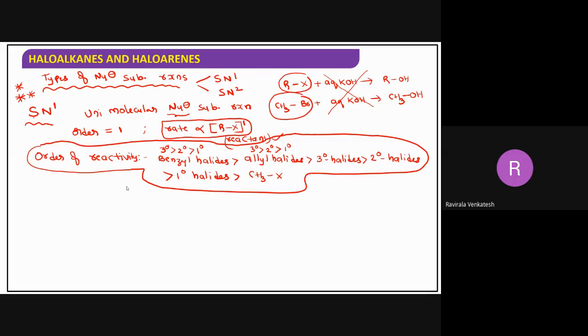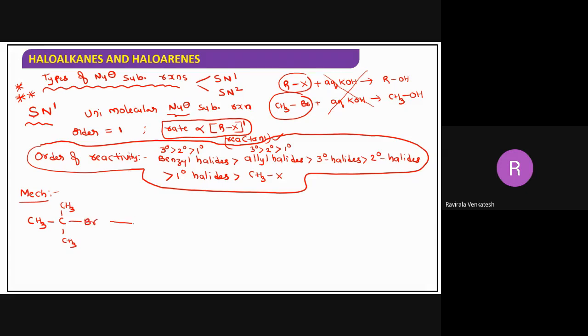Now let me see the mechanism here. First of all, I will take a tertiary halide, CH3 tertiary. Is that any problem for you? No problem. So I have taken the tertiary butyl bromide, right?